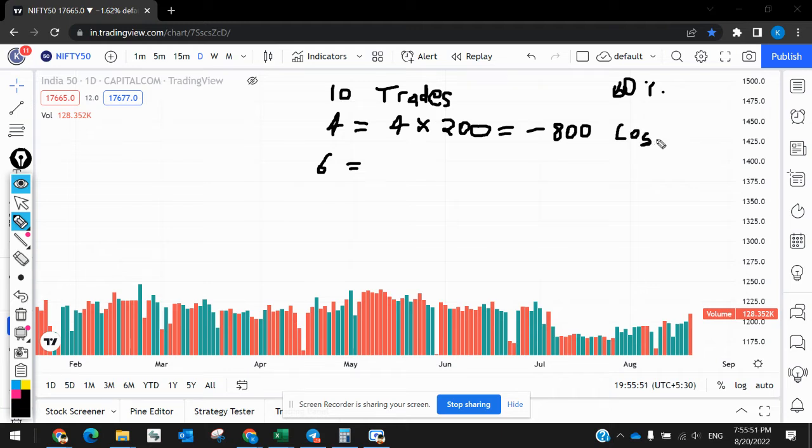Now, if I make 6 profitable trades and I follow a 1 is to 2 risk reward, that means I will make at least 400 rupees in each of these trades. If I take 6 into 400, that is 2400 of profit.